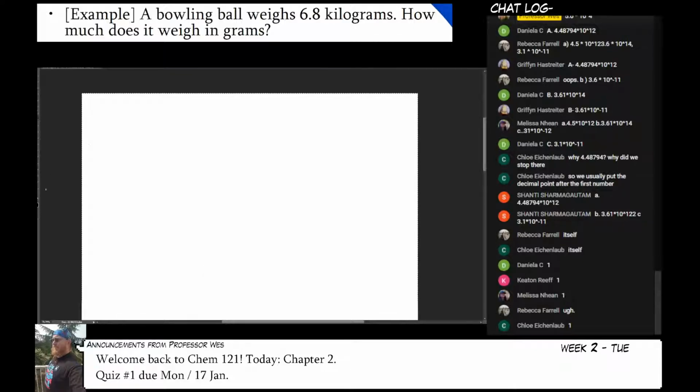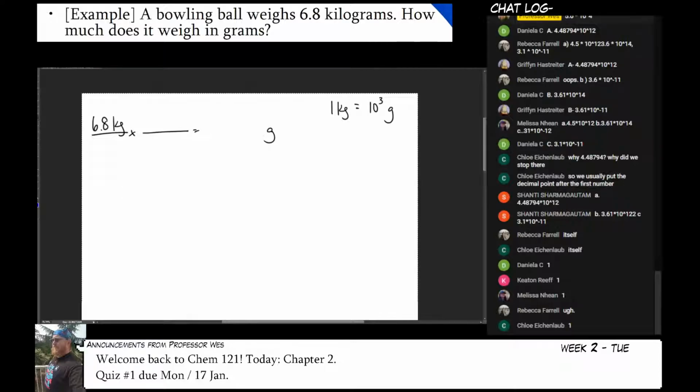All right, so I have a 6.8 kilogram ball. And I know that for every kilogram I have, that is 1,000 grams, or 10 to the 3. So what I need to do is set up a relationship that will result in my answer being grams.